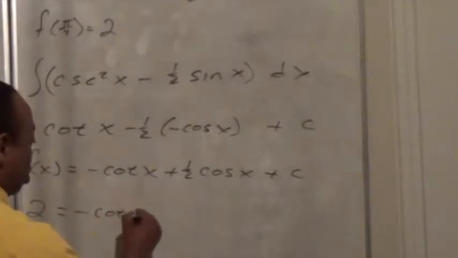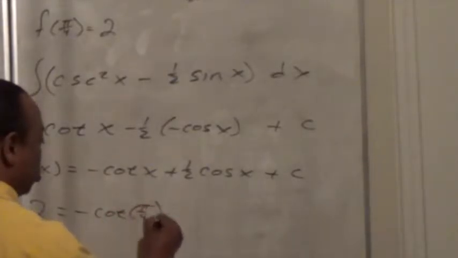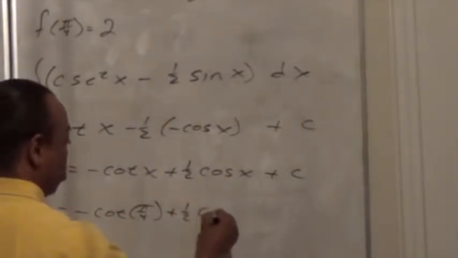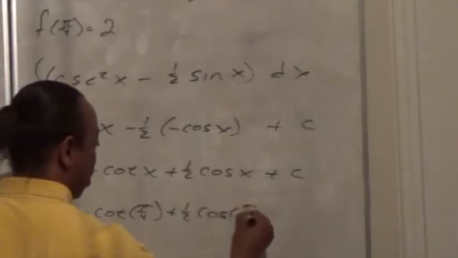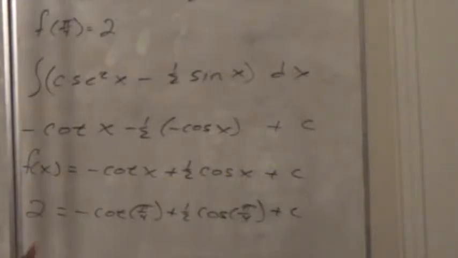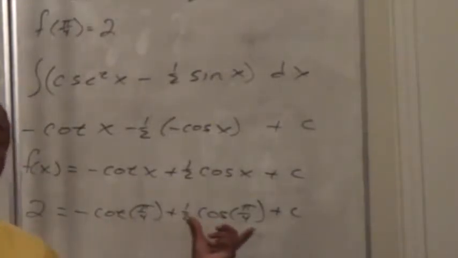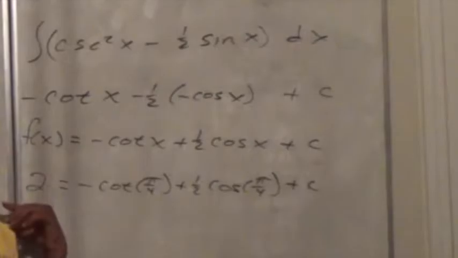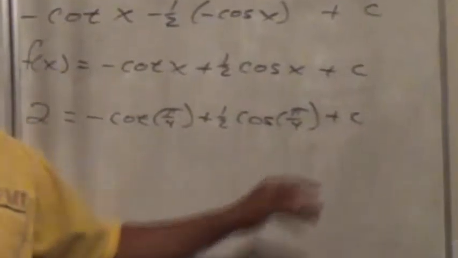So negative cotangent of pi quarters plus 1/2 cosine of pi quarters plus c. And this will turn to a value, and this will turn to a value. We take both values and put them on the other side, and we'll have the value of c. So let's get the cotangent of a quarter angle. I think that's going to be 1. So 2 minus 1.